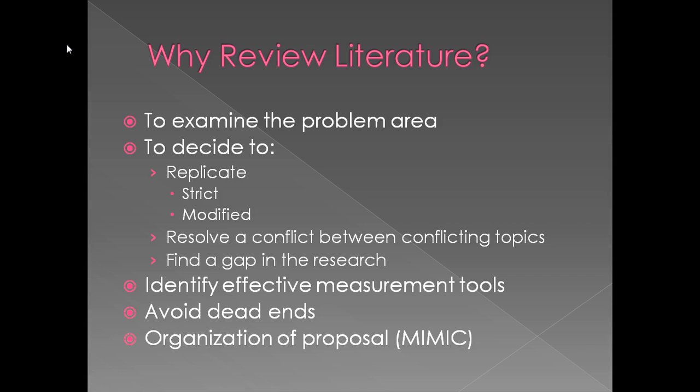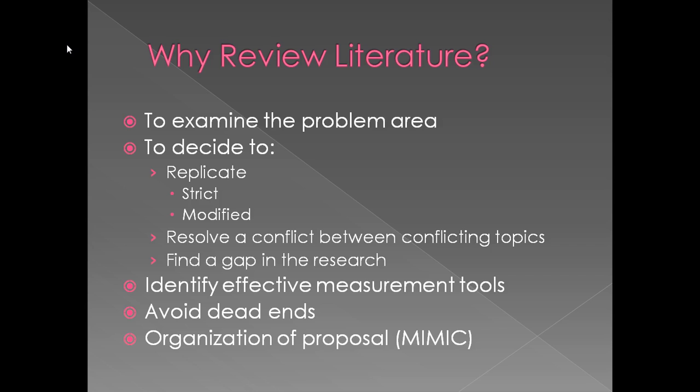The first question to ask is, why review the literature? We review the literature to examine the problem area. First we identify a broad problem area, and then after reviewing the literature is when we can begin to narrow down the problem area.